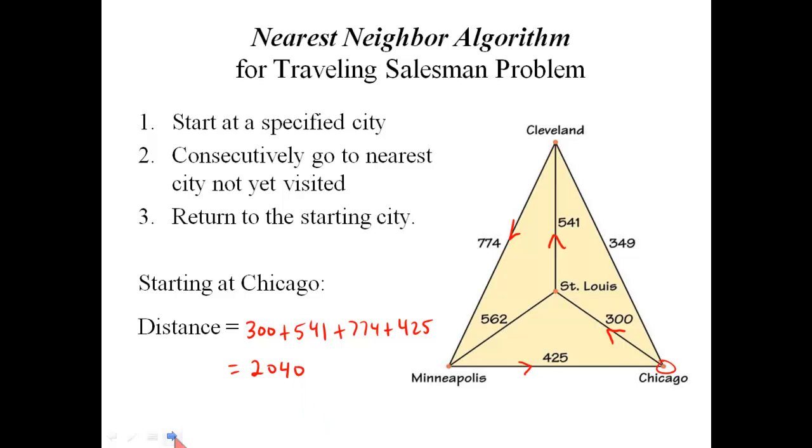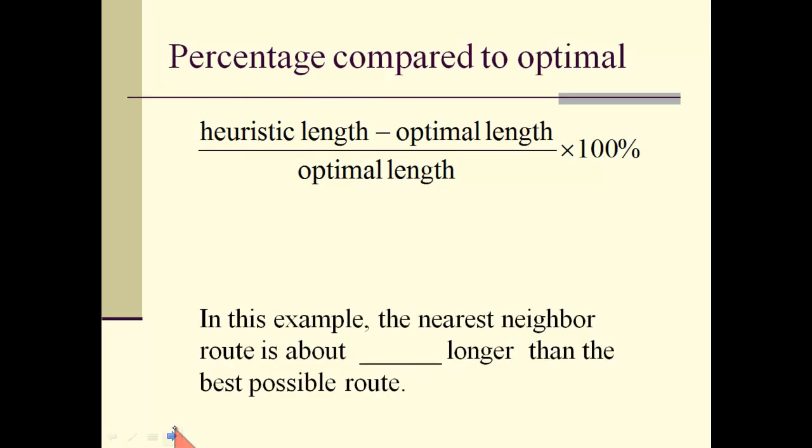Well, how bad did we do? From a science class, you may have done percent error calculations, where you take, in science we'd say maybe the expected value minus the observed value divided by the expected value times 100. Here, let's take the heuristic length, the length found by the heuristic algorithm, and the optimal length, the length found by a brute force approach, if you could possibly push that through.